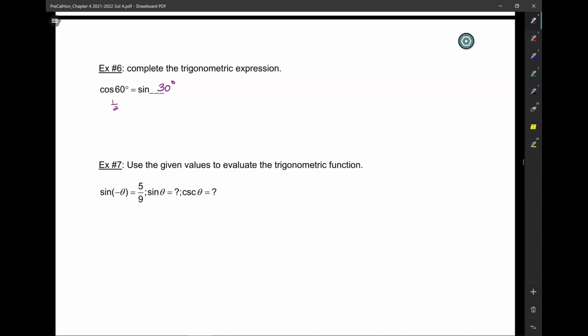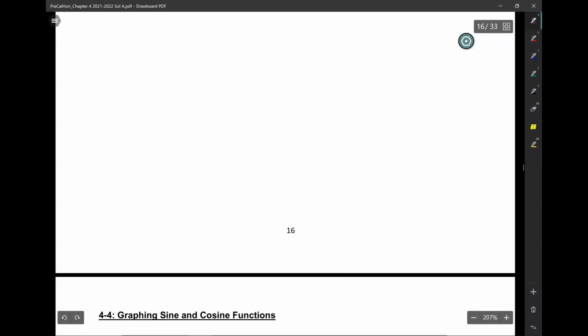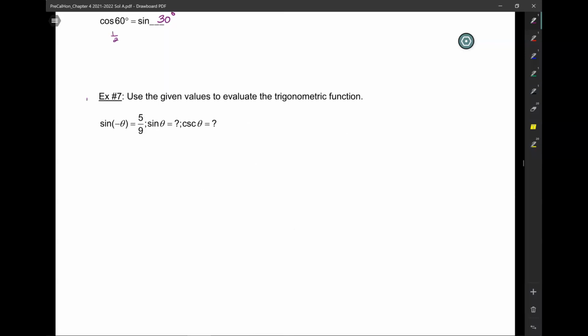All right. Here we go. This one here is another honors type question. This is a big idea that takes us into calculus as well. So look at what this tells us. This tells us that sine of negative theta is 5 over 9.